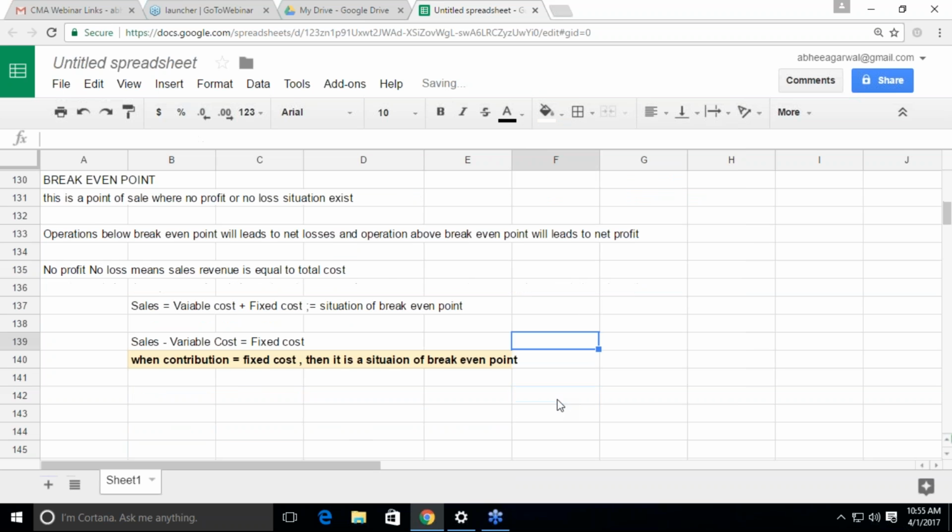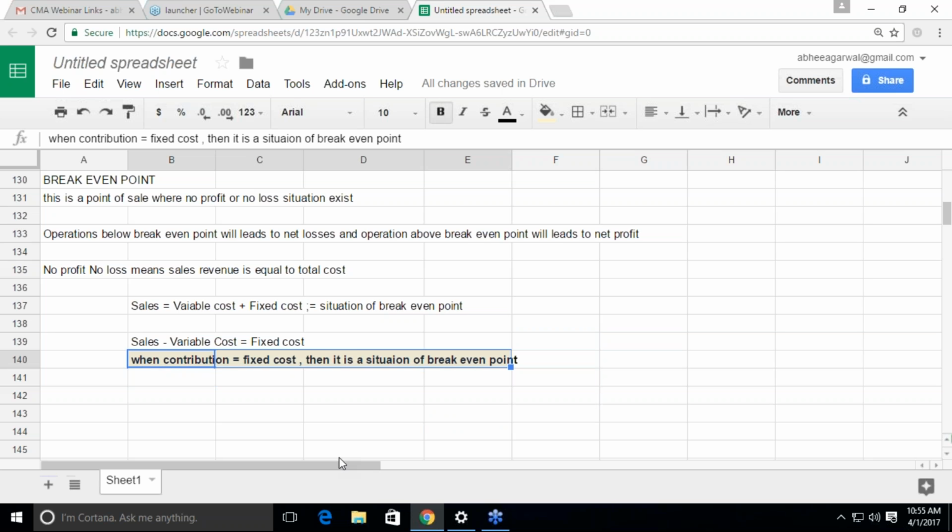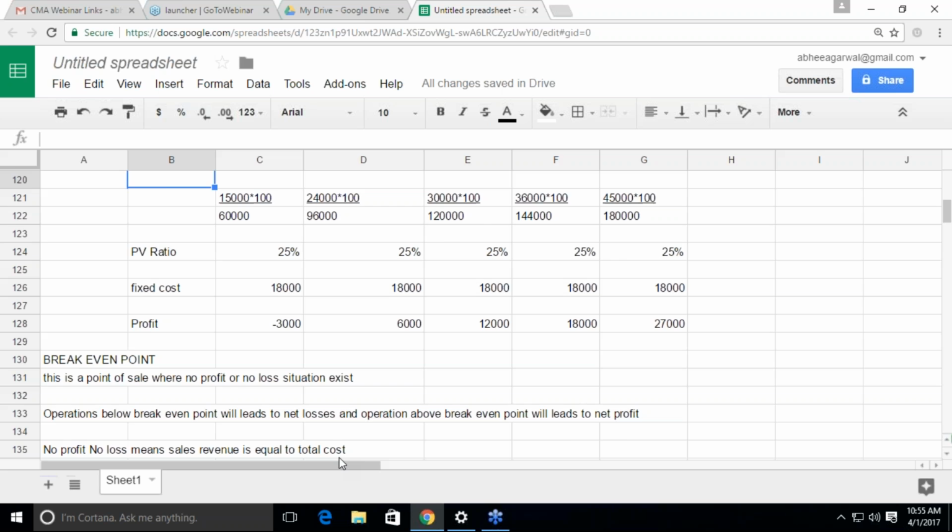That is a very, very important line, my dear friends. When contribution is equal to fixed cost, then it is a situation of break-even point. Contribution is equal to fixed cost. Now, I will try to figure out this line in the above calculation.